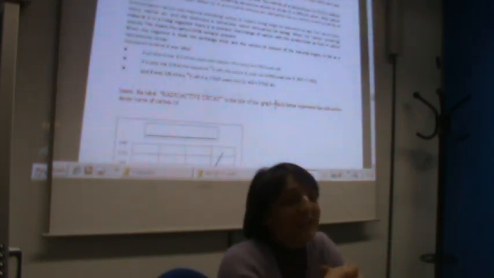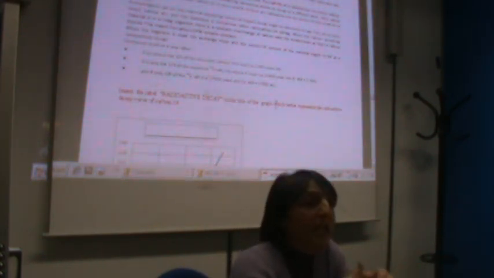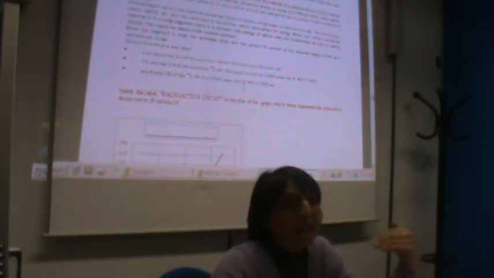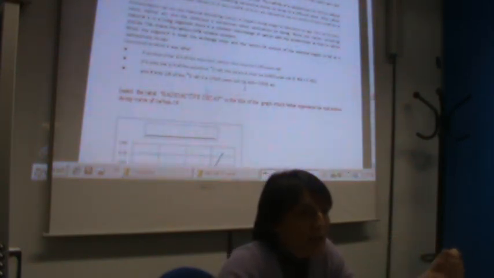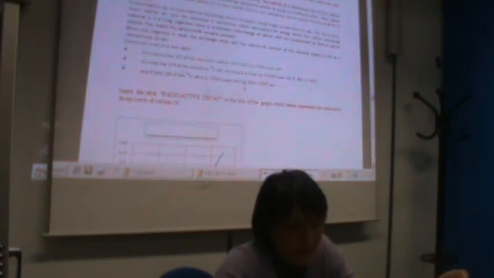Scientists use the exponential decay to date fossils, because of the carbon-14 radioisotope that halves every 5,700 years.